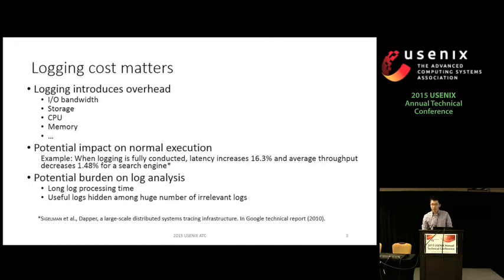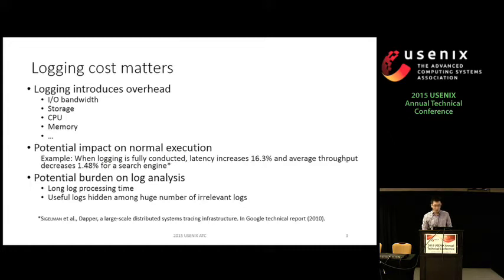However, logging comes at a cost. Operating the logs, transmitting and storing them need additional overheads, such as CPU usage and I/O bandwidth. Since logging needs overhead, it has the potential to impact normal service execution.